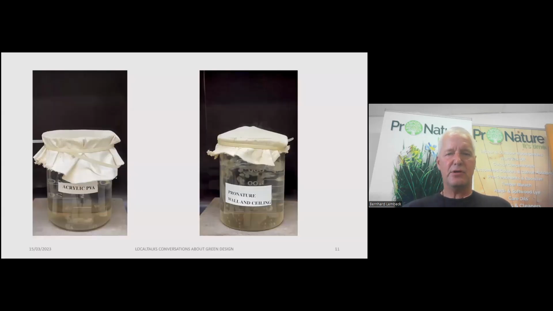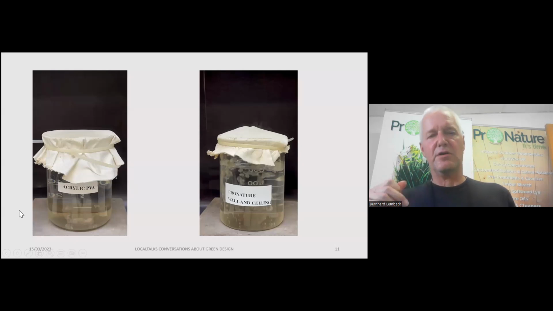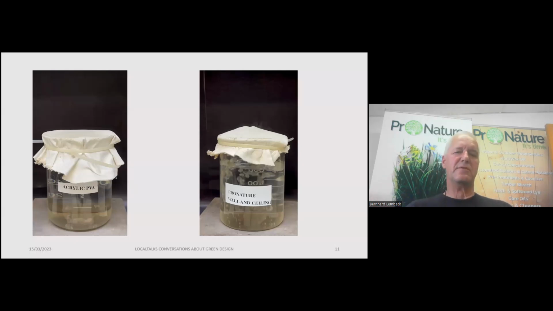Let's have a look at a little test that we did here in the lab for this presentation. We coated a cloth with, on the one hand, acrylic PVA, and on the other hand with our, believe it or not, in part containing linseed oil, our own coating, which we call ProNature Wall and Ceiling.